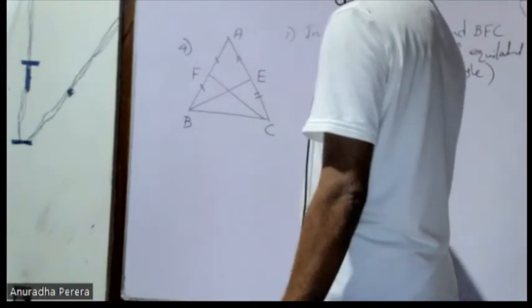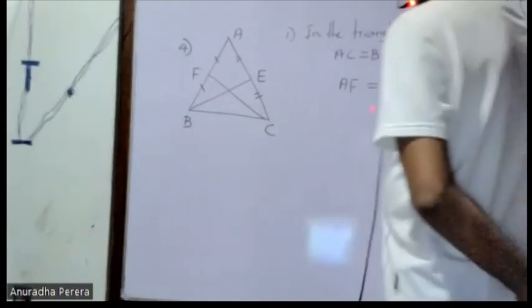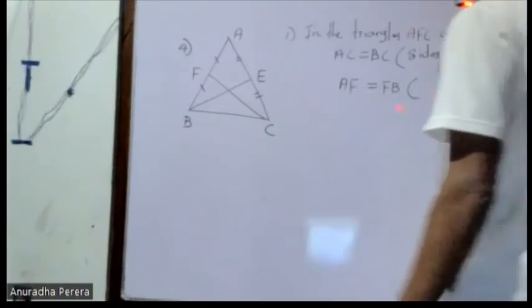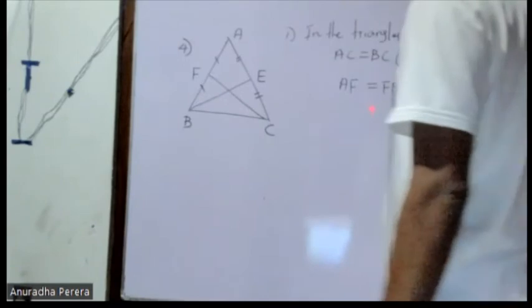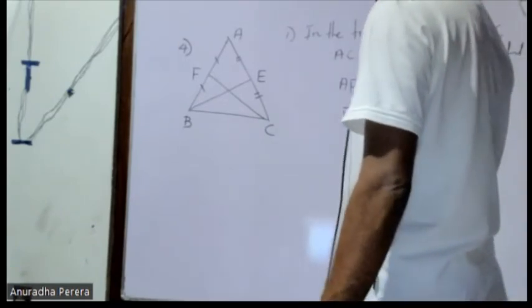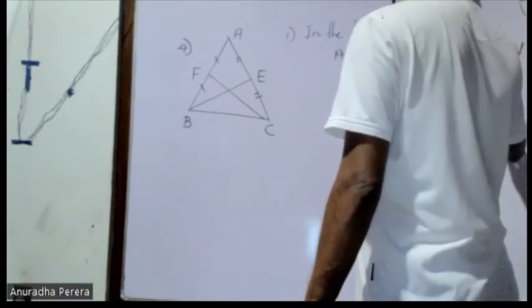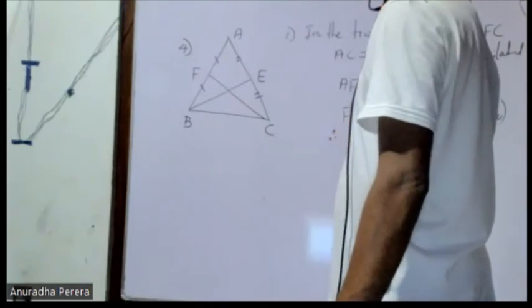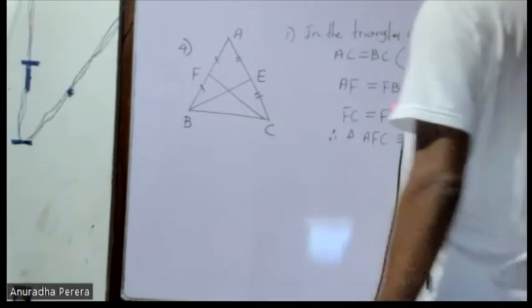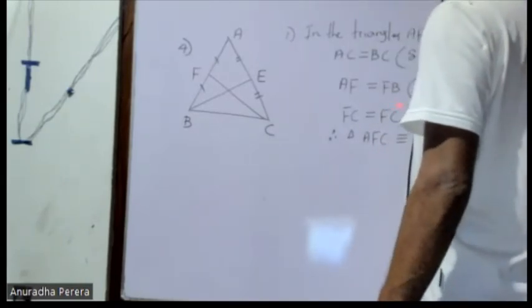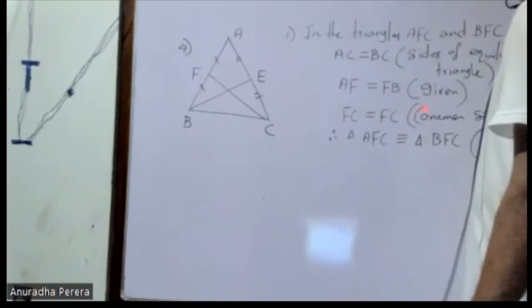AF equals FB, given. Right? FC is a common side. Therefore, triangle AFC is congruent to triangle BFC under the case side.